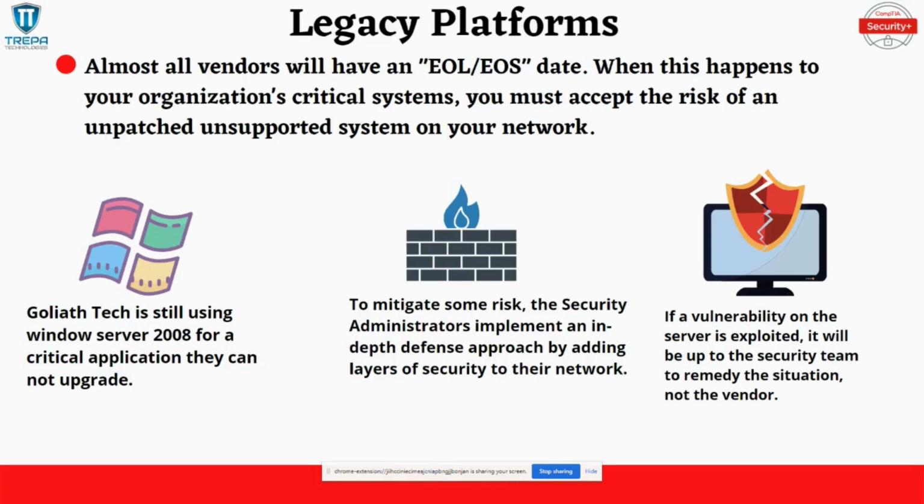So we have to try to use some strategies and controls to try to prevent these vulnerabilities from being exploited on our network. So one thing you can do is start implementing some firewalls or network segmentation, right? You're going to have to use a defense in-depth approach by adding layers of security to your network so that if there are vulnerabilities on your EOL systems that you can't patch, at least we have some lines of defense in place.